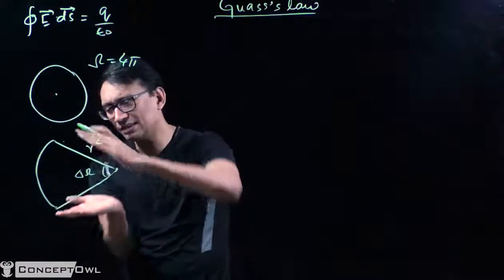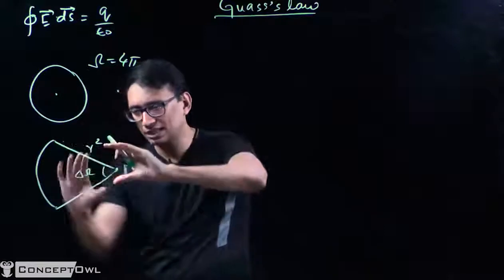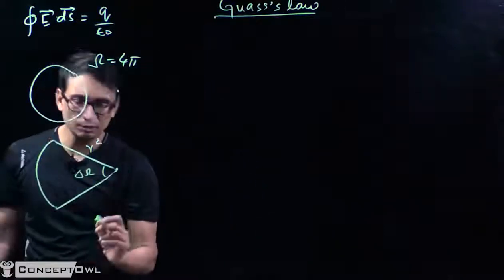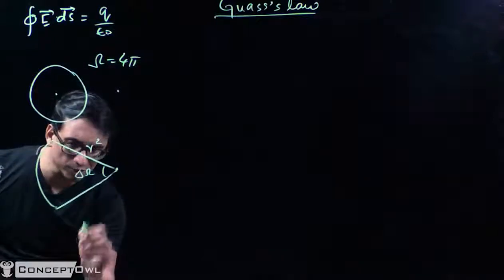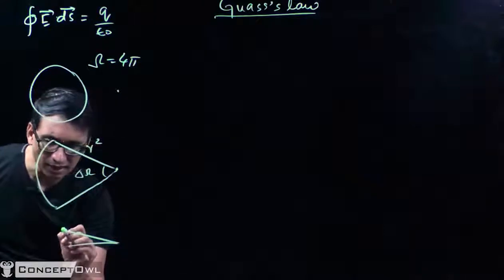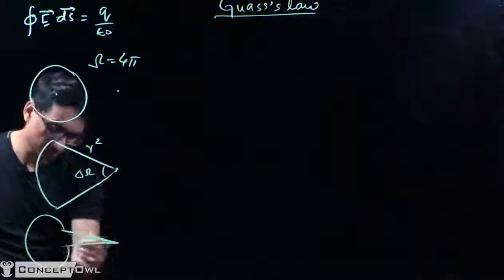Now if I keep making it smaller and smaller, if I keep bringing these two lines closer and closer, keep making the cone thinner, so to say, the solid angle will reduce. Now let us say I take a thinner cone, like the following. Here it is this line and this line, and the shape is no longer this, the shape can be anything. In fact, it looks like an ice cream cone.